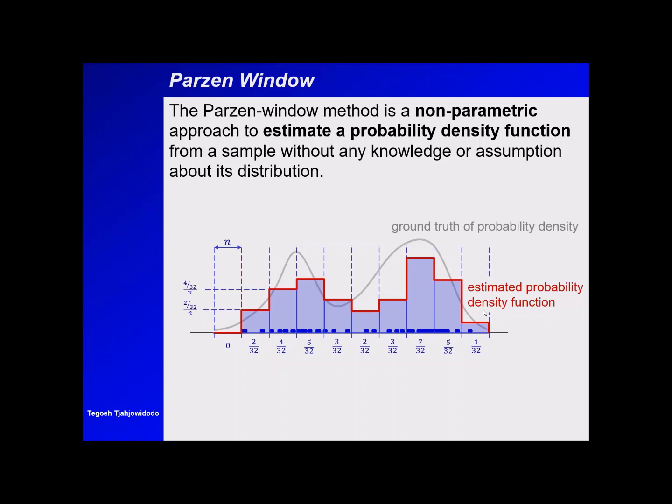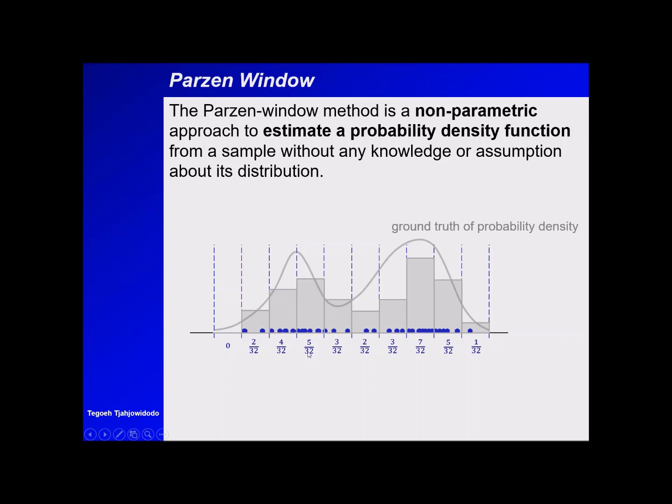Okay. I have another interesting thing here. So this is what I did. I approximate, I represent the probability of each region here with a rectangle, with a rectangular form like this, right?